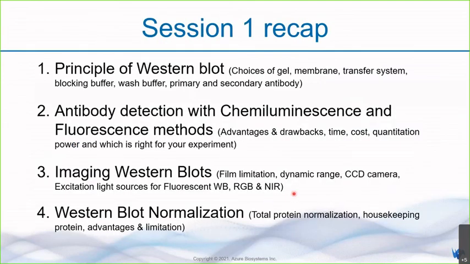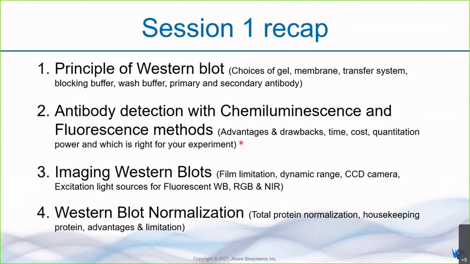All right, before I start the session officially, let us recap what we talked about last session, in session 1. Firstly, we talked about the principle of Western blot, the choices and considerations of what kind of gel, membrane, transfer system, blocking buffer, wash buffer, and also the choices of picking primary and secondary antibodies. Next, there are two major detection methods right now, which are chemiluminescence and fluorescence methods.